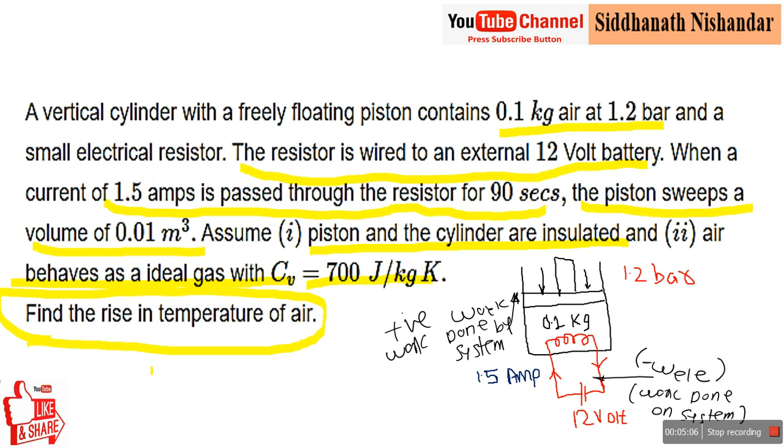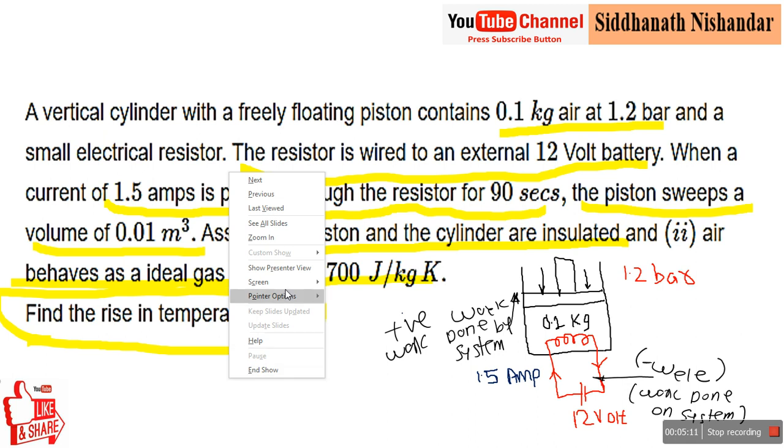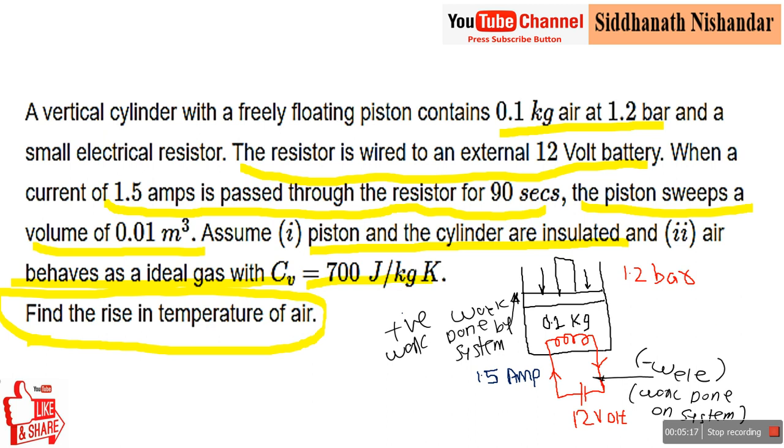Before starting to solve the numerical, you have to convert the problem into diagrammatical form. Here the same problem is expressed in the form of a drawing. You see there is the piston-cylinder arrangement. The first assumption is that the piston and cylinder are insulated.